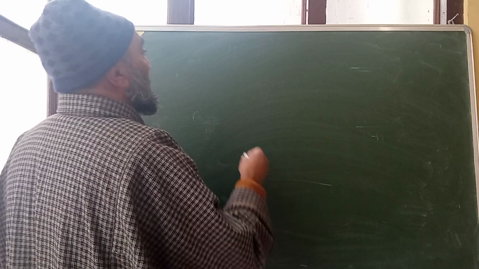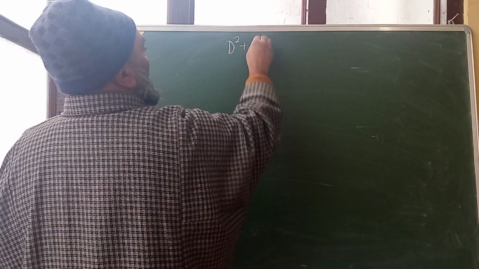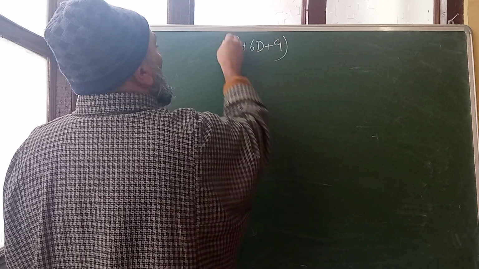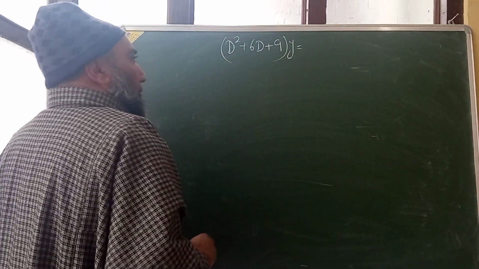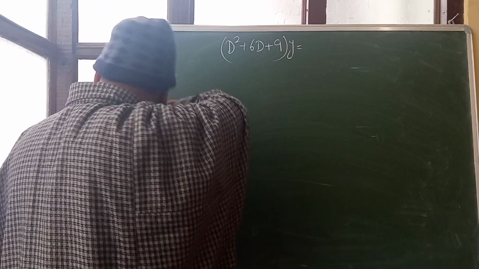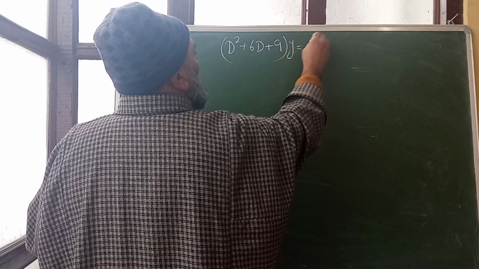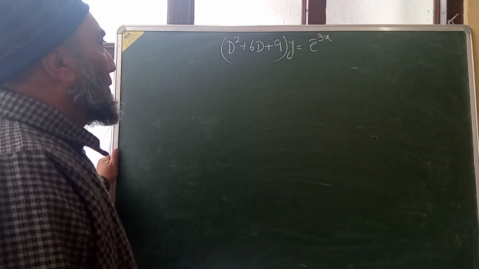Let me take one more question. D square plus 6D plus 9 operating on y equals e raised to the power minus 3x.